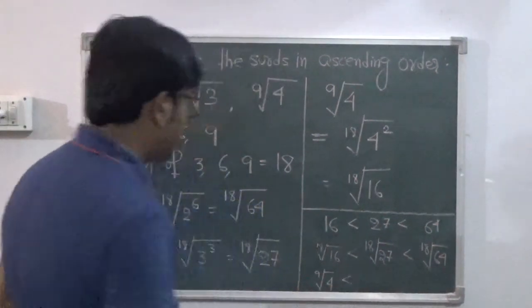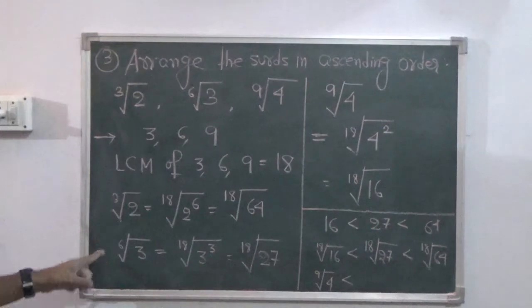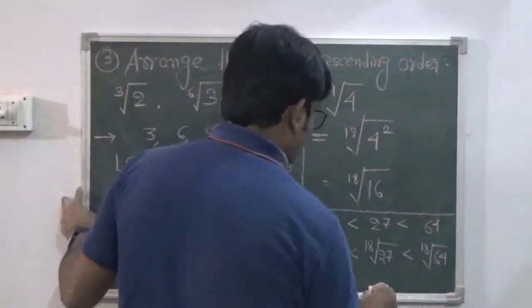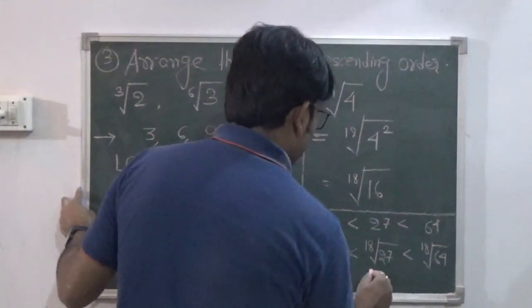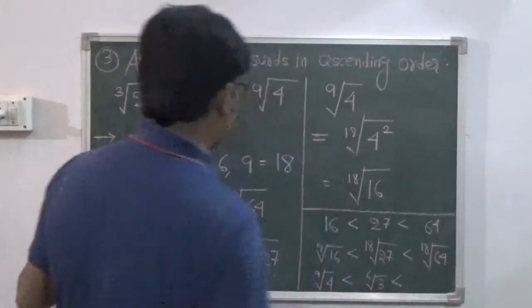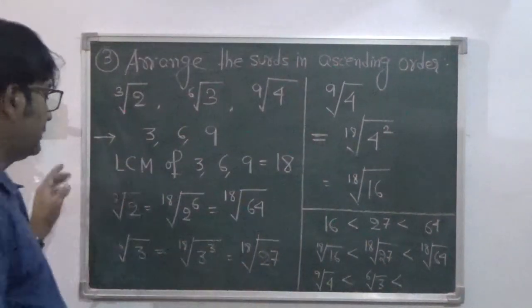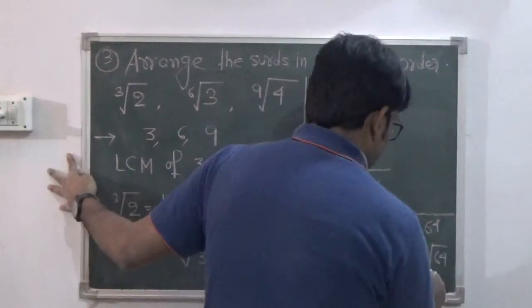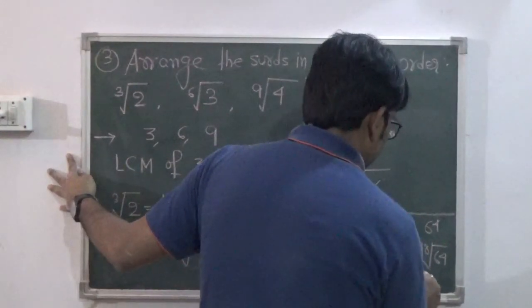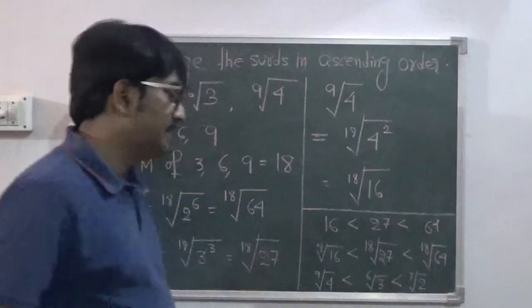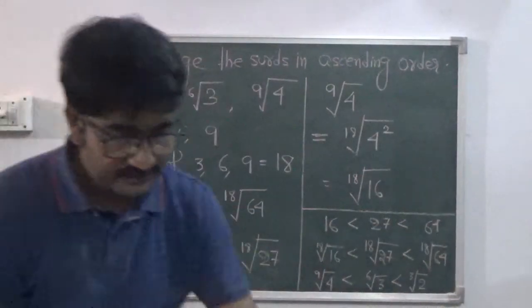This is less than 27 under 18th root, which is the 6th root of 3, and this is less than finally 64, that is the cube root of 2. So this is your final answer.